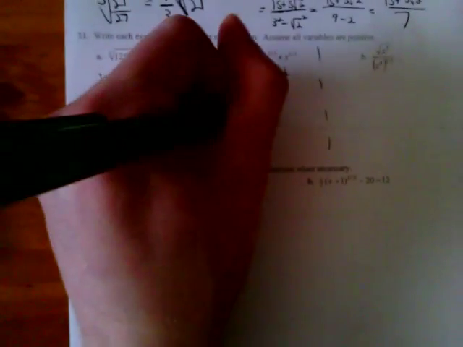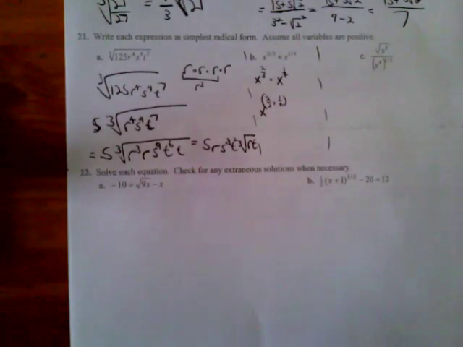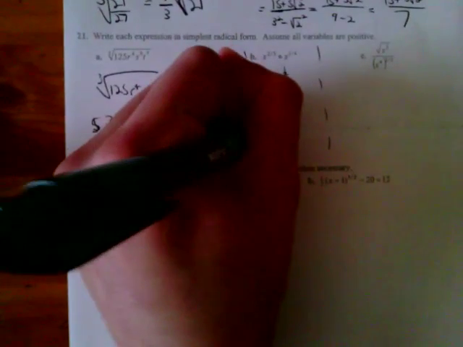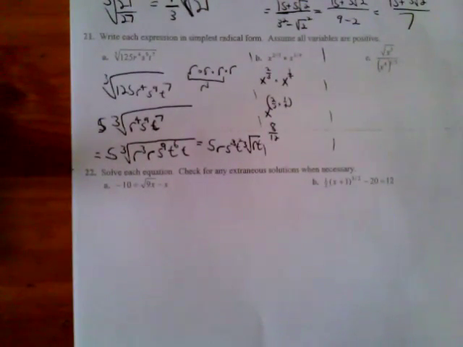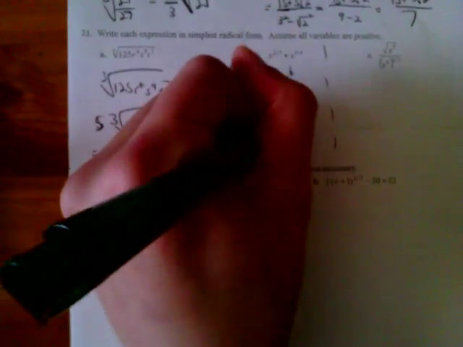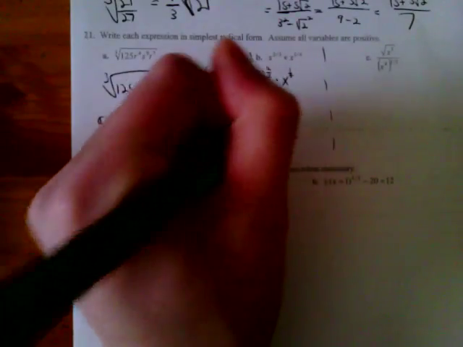So it's x to the 2/3 plus 1/4. 2/3 is 8/12, and to give 1/4 that common denominator, 1/4 is 3/12.